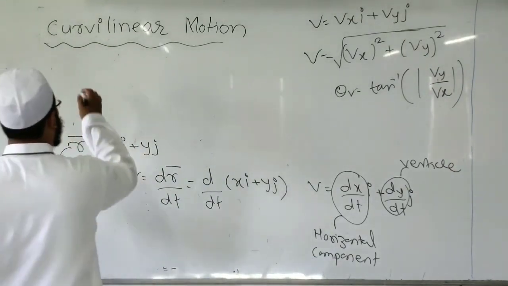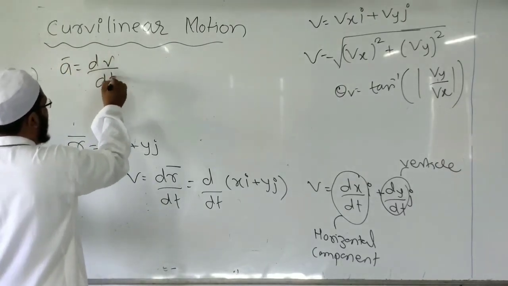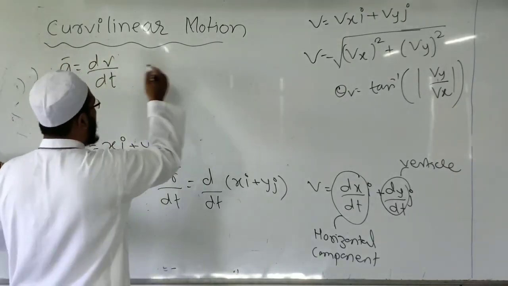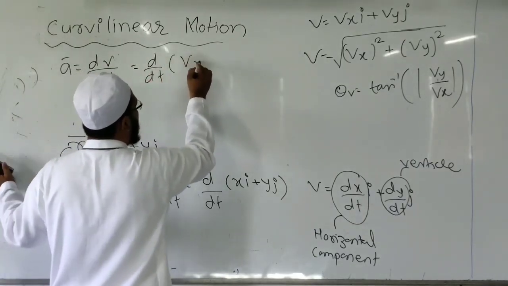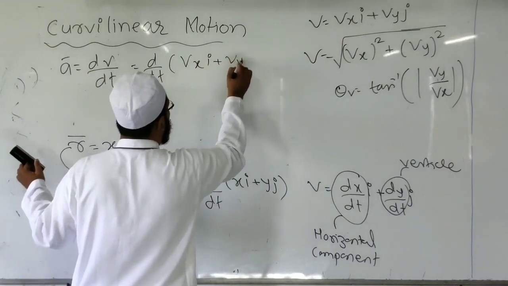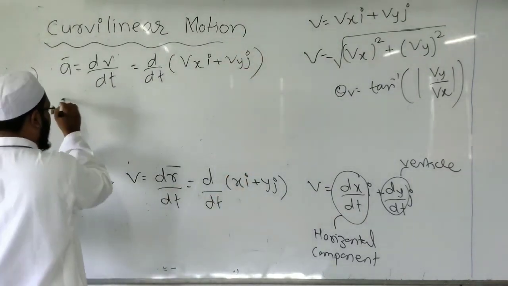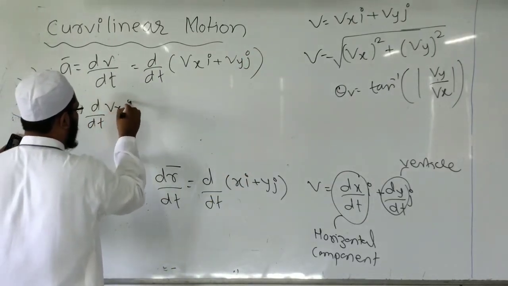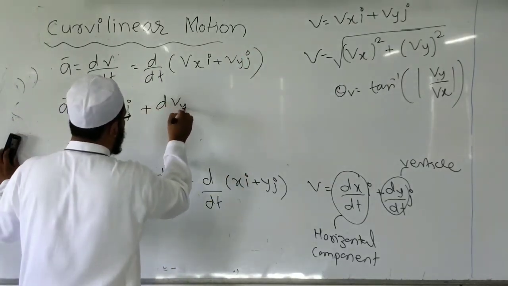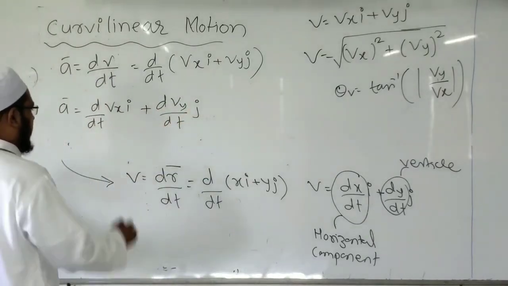Similarly, if I require acceleration a bar, it is dv by dt. v is what? v is d by dt of vx i plus vy j. Therefore, we will expand it: dvx by dt of i plus dvy by dt of j. What is this?